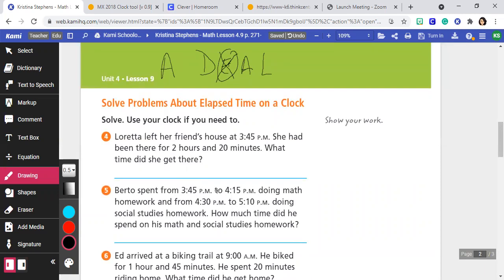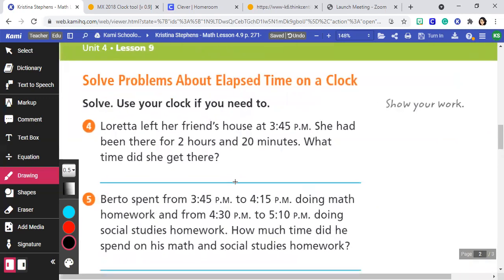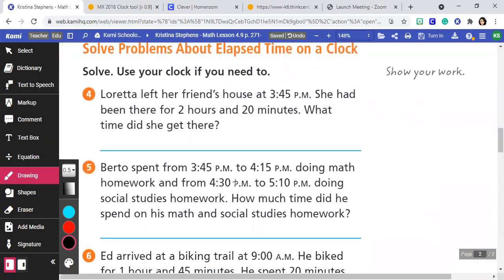Let's look at number 4. Loretta left her friend's house at 3:45 p.m. She had been there for 2 hours and 20 minutes. What time did she get there? We always start by annotating and circling the important math numbers.